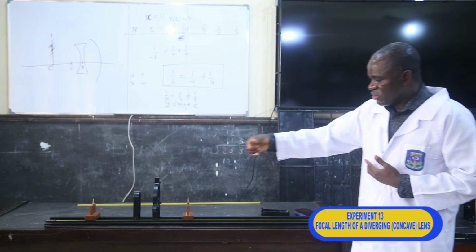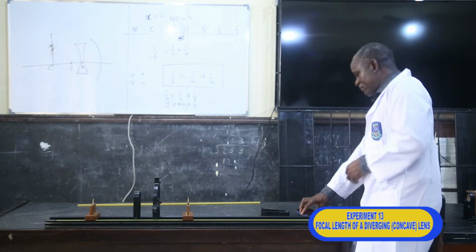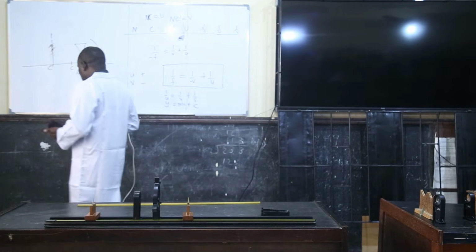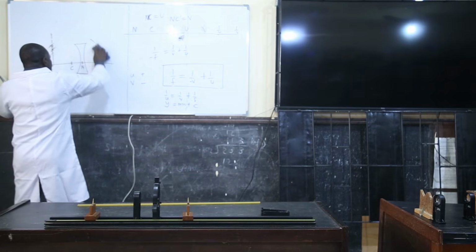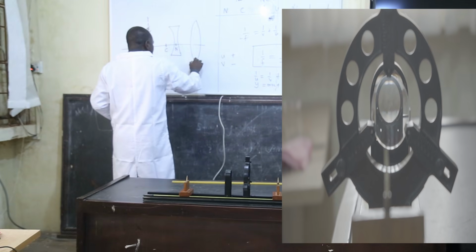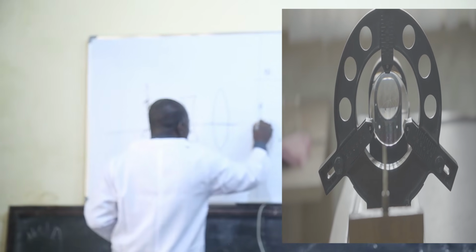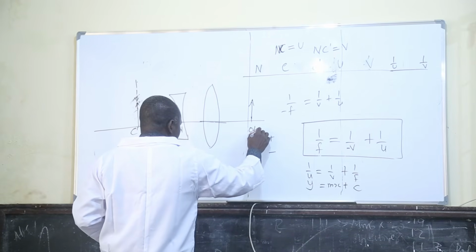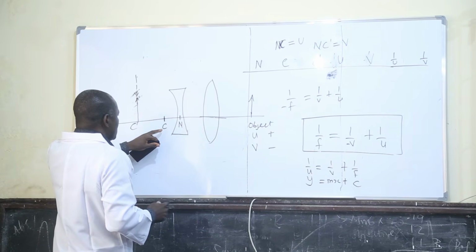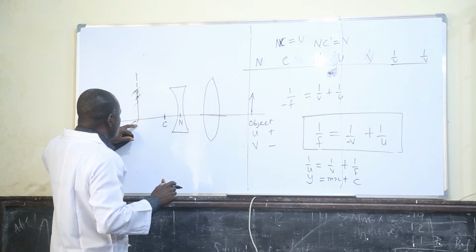Ensure that I don't go beyond point C, and then come back and use this same formula that we have used for that. This arrangement is going to look like this. I have a concave lens to this side, I have the object to this side, and then the image is formed. I've located point C, and then C prime.